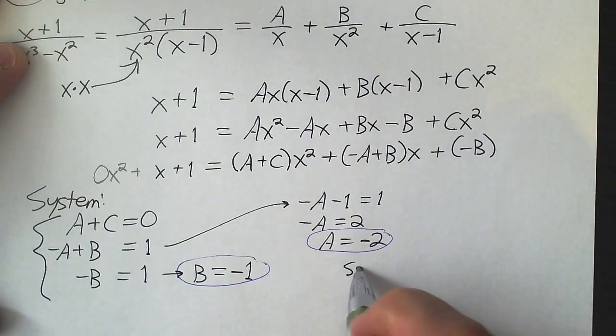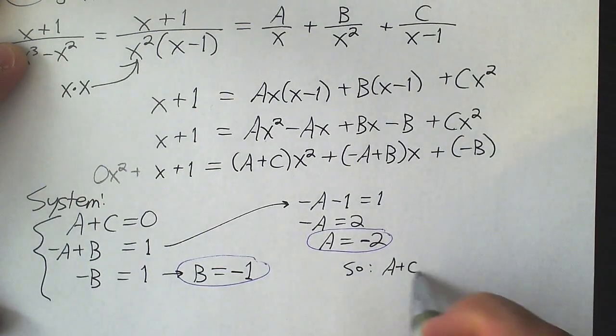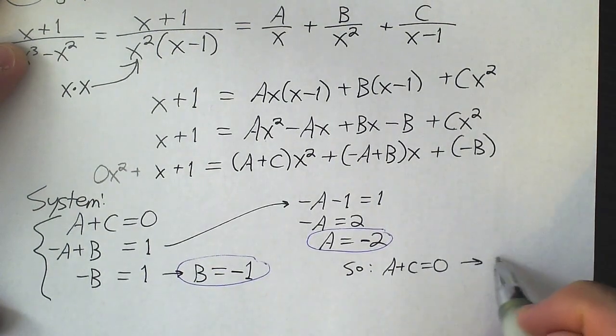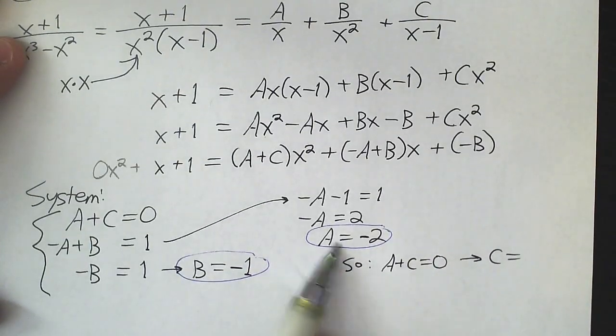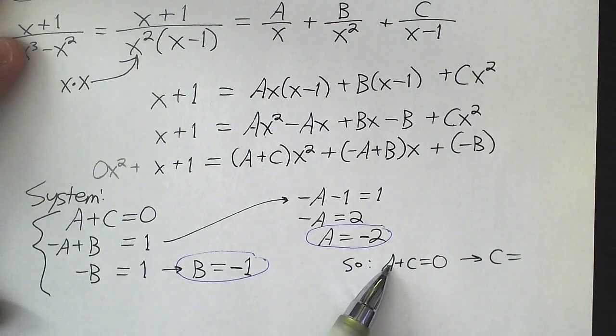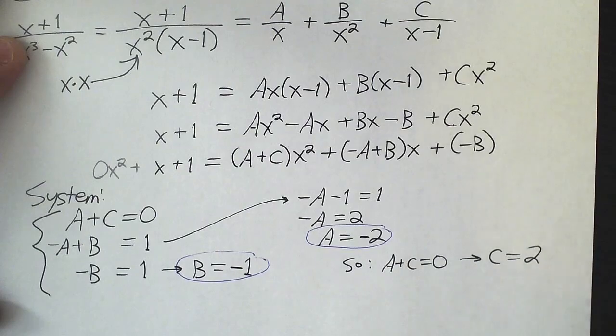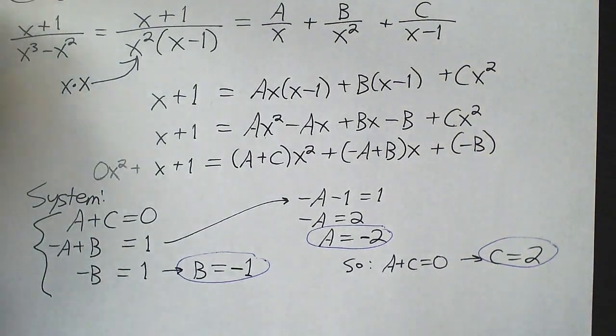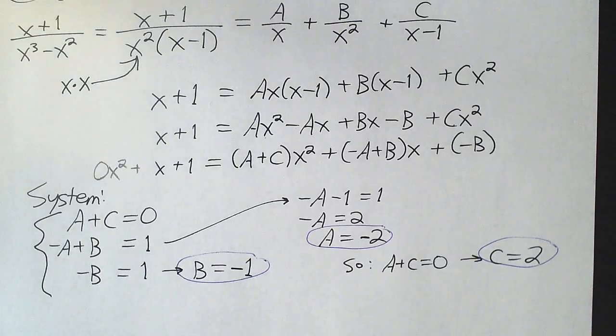And then a plus c equals 0 implies that c, if a is -2, then c must equal 2. So we found all three. Now we can put this all together and integrate. I think I have to move my page, though.